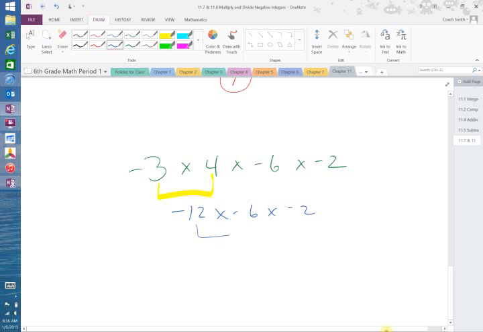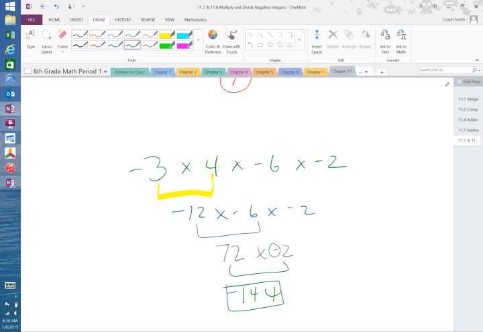Well, negative 12 times negative 6 would be positive 72 times negative 2. Okay, well, 72 times negative 2, 144, I have one negative sign, so it's negative 144.